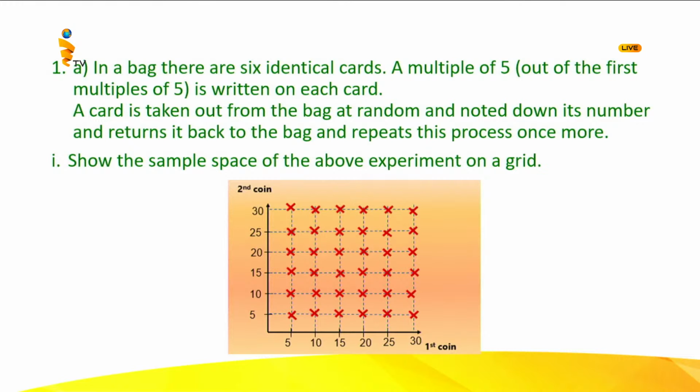That means if you take the card which has the number 5, you can take the same card at the second instance also, because you are going to replace this card. So likewise, I have marked all the possible outcomes of this experiment on the grid. So this is the sample space and I have expressed it on a grid.